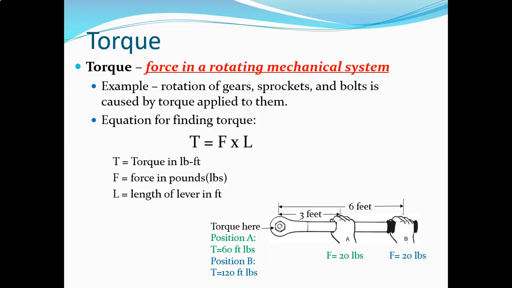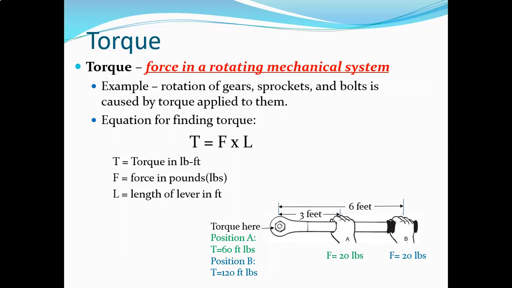If your force is being applied at 3 feet, that's just like having a lever arm that's 3 feet long. So if the force we're applying with our hand, at either the 3-foot mark or the 6-foot mark, is 20 pounds of force, we're going to measure that amount of torque being applied at that bolt head or that nut, whatever that is.